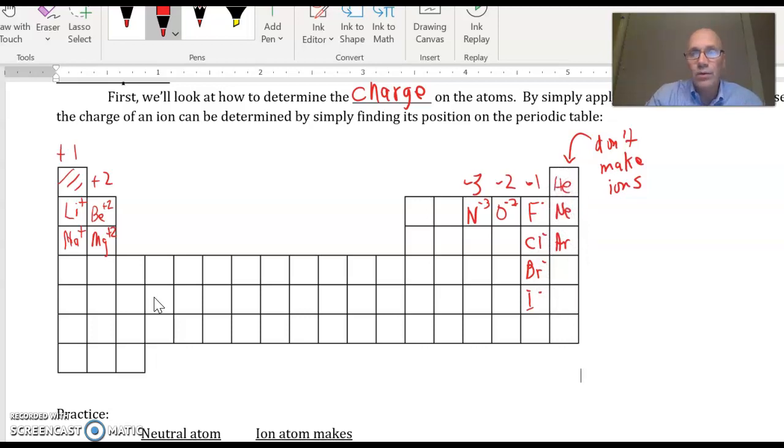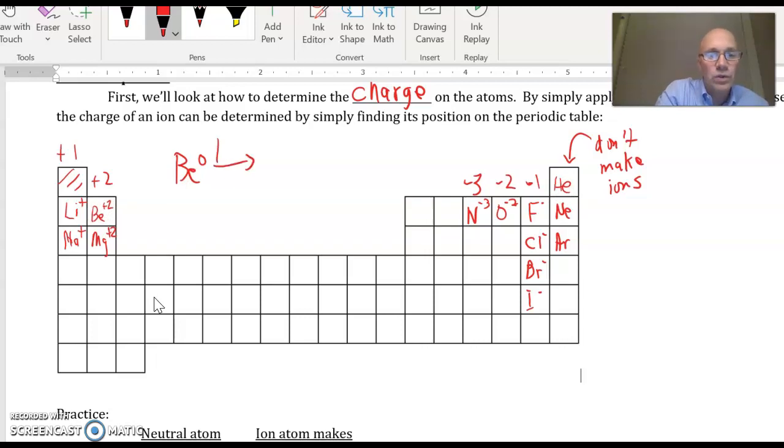And the reason they don't make ions is they already have a full valence shell. A way of rationalizing this is to think about a neutral beryllium atom, for example. It wants to have the same number of electrons as helium. So what would beryllium, if it were neutral, want to do in order to become like helium?